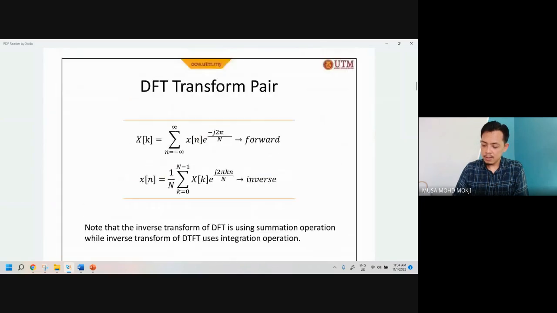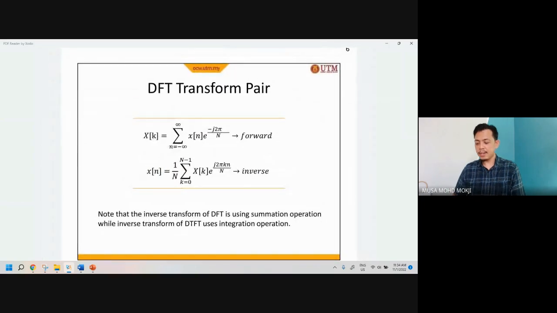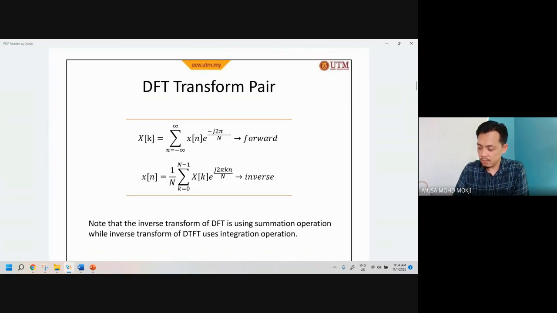And then this is the formula. Actually this is from the DTFT, but what we have now is, what is the omega?